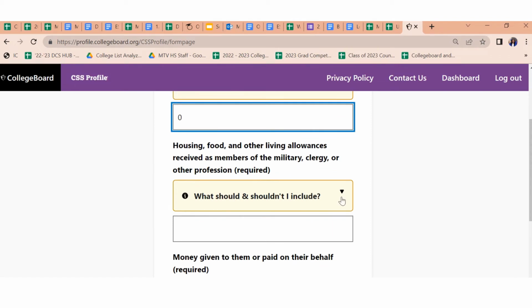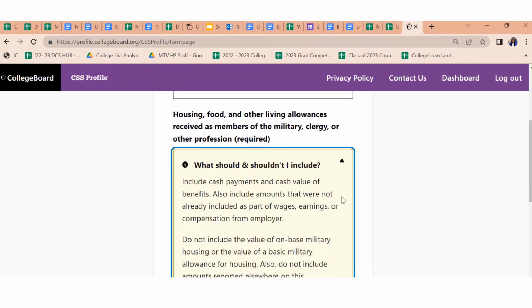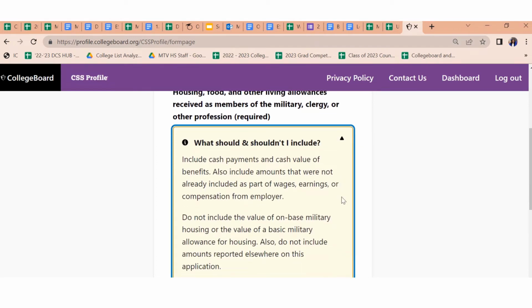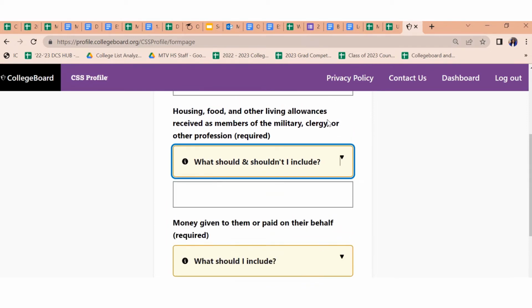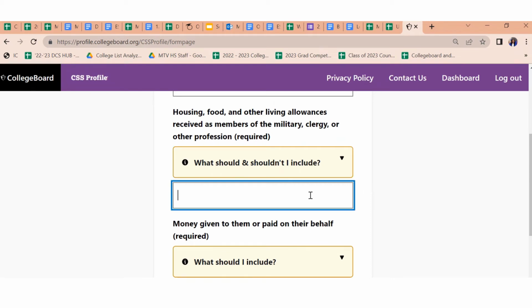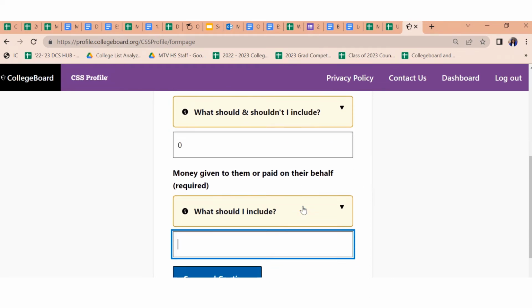And then this next question applies mostly to people who work in or are in the military or a member of a clergy and are receiving some income benefits and living allowances related to that. If you have questions on that, please check in with your college counselor.